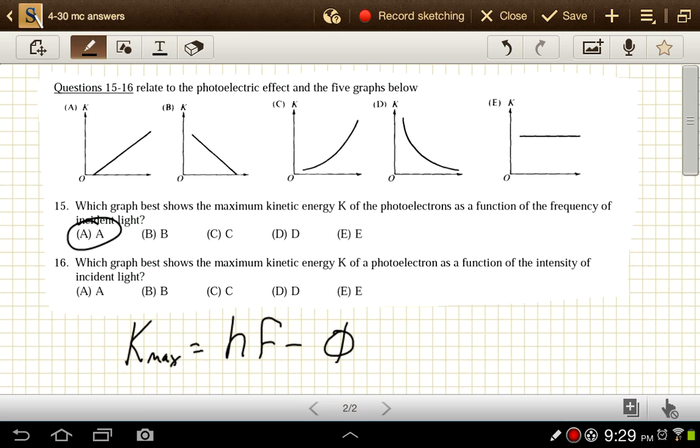And then for 16, the kinetic energy as a function of the intensity of incident light. Well, intensity is like brightness of the light. With the particle model of light, intensity is just equivalent to the number of photons. So if there are more photons, that looks like a brighter light to us.